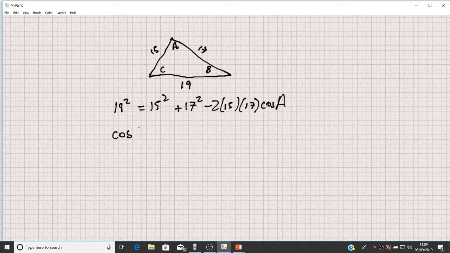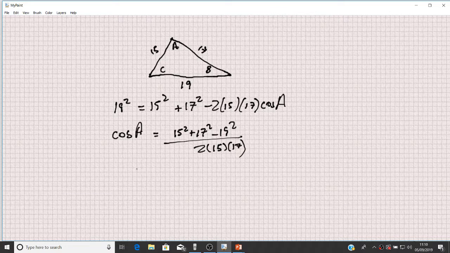Cosine A equals 15 squared plus 17 squared minus 19 squared, all divided by 2 times 15 times 17.